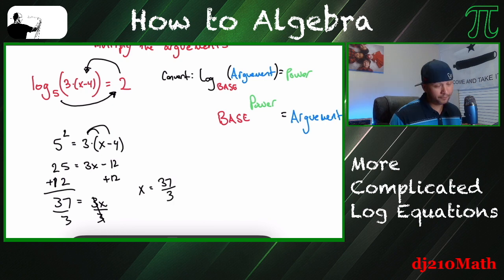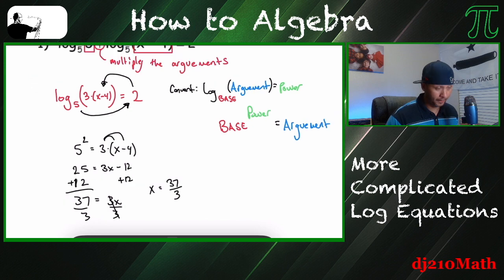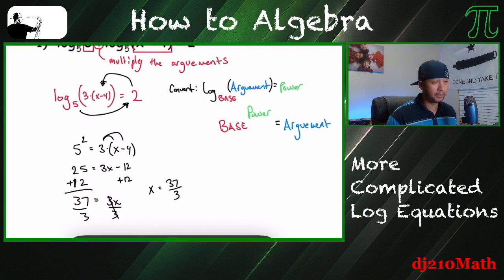Okay, so right now we've come to the conclusion that x is equal to 37 over 3. That's nice. However, we always want to take our answer and plug it into the log to make sure that the argument is in fact greater than 0, right? It has to be positive. Can't be 0 or less.